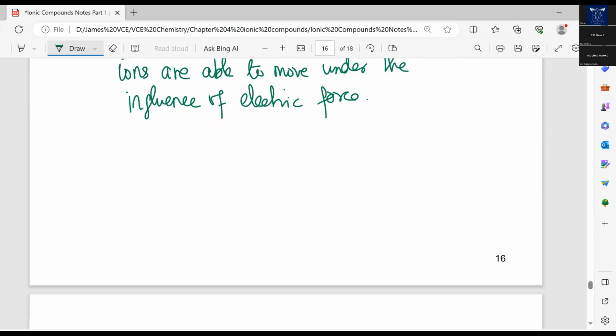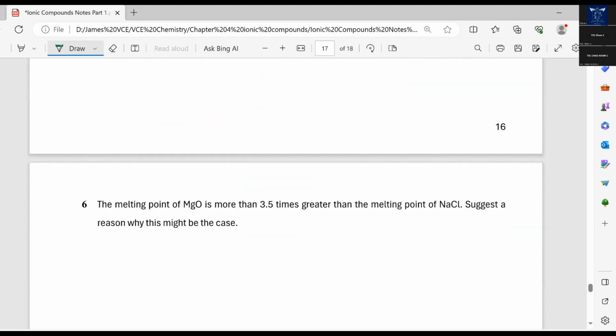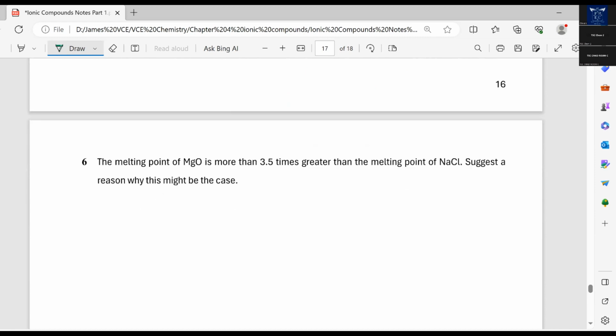Okay, I'm just giving a key structure. You can look at something. The melting point of MgO is more than 3.5 times greater than the melting point of NaCl. So just give a reason why this might be the case. Mg is 2 plus, O is 2 minus.